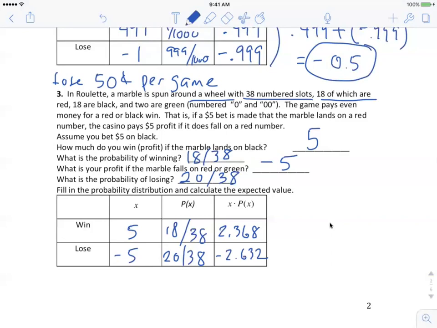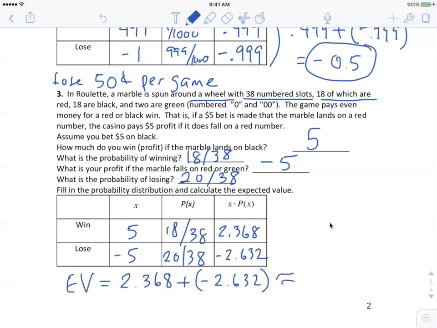And finally, to get the expected value, I'm going to add those together, 2.368 plus a negative 2.632. Or essentially, it's just a subtraction problem, 2.368 minus 2.632. And I'm getting about negative 0.26.